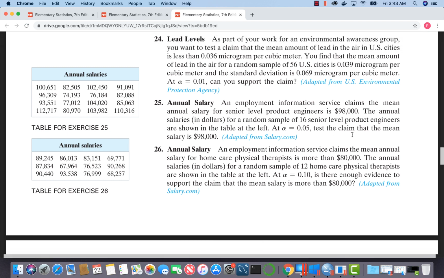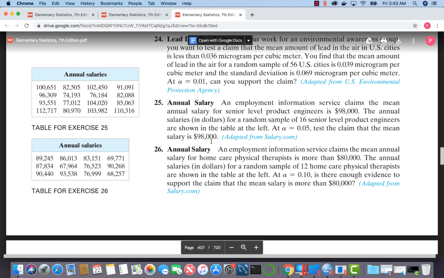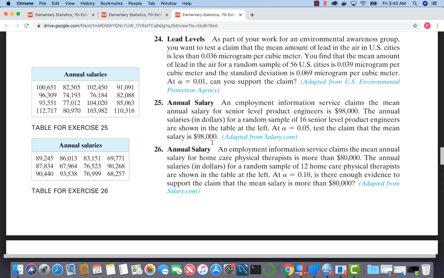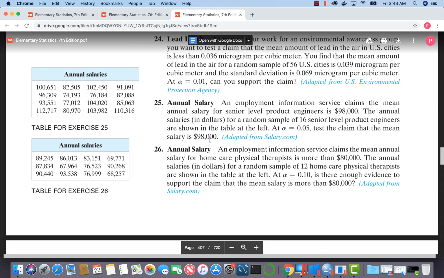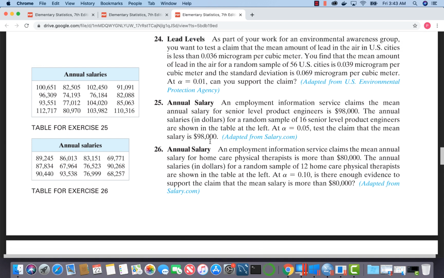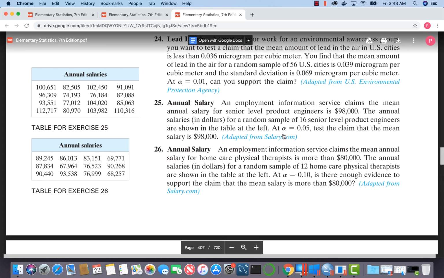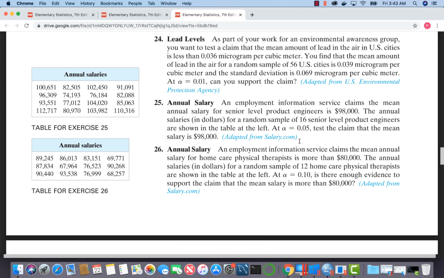So we're testing the claim that the salary is $98,000. Actually, that's not an alternative hypothesis, that's a null hypothesis. So the null hypothesis is the claim. The alternative is that the mean is not equal to $98,000. So in this problem, the claim is the null hypothesis.